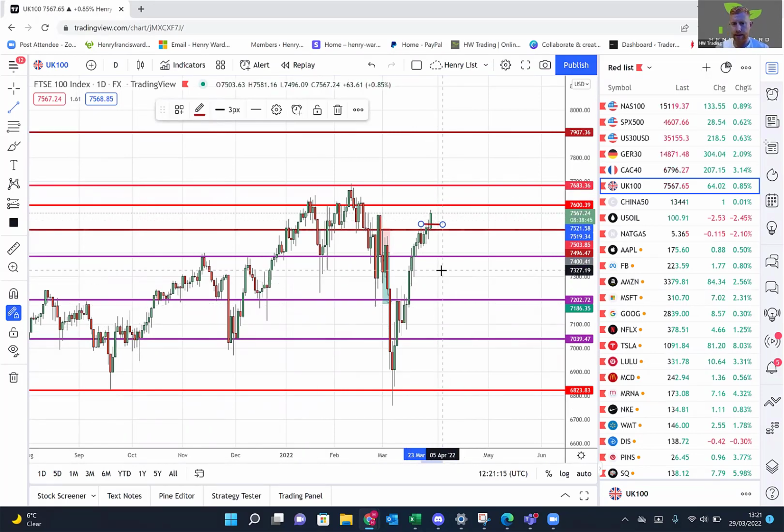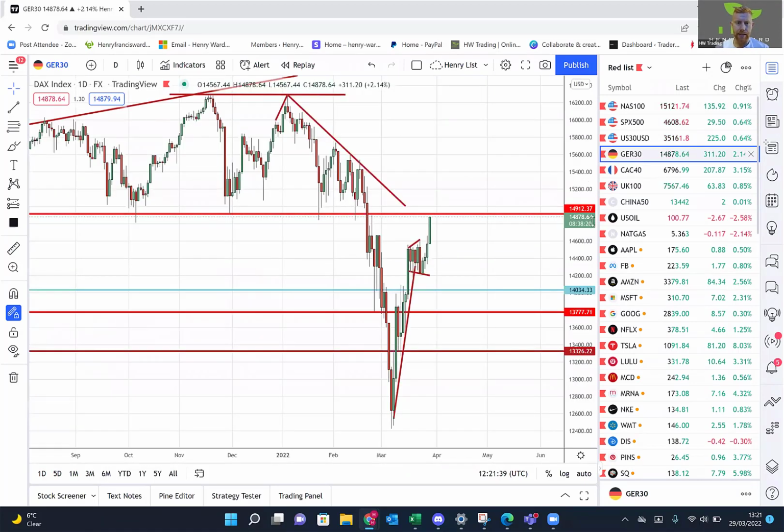But again, it's due a pullback. Look at the momentum. It's just taken off from here. We're due a little scare in the market. We're due a little correction, or it won't continue like this. It never does.